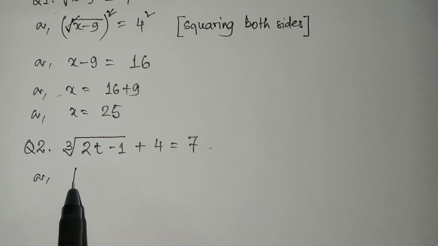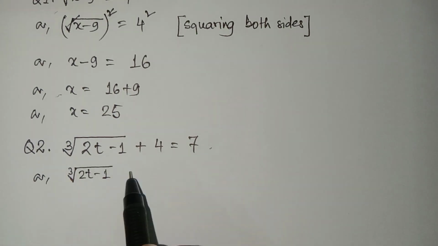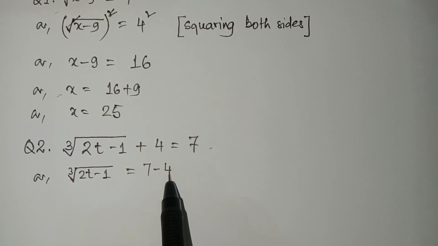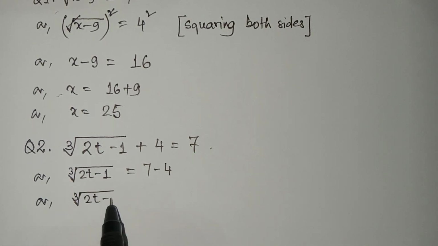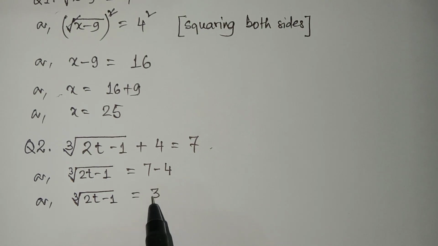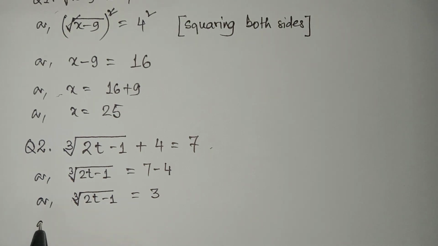So first of all, let's write the cube root of 2t minus 1 is equal to 7 minus 4, or I can say the cube root of 2t minus 1 is equal to 3. Now we can see that this equation looks just like equation number 1 we solved before.